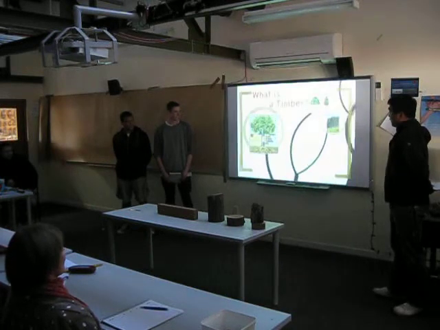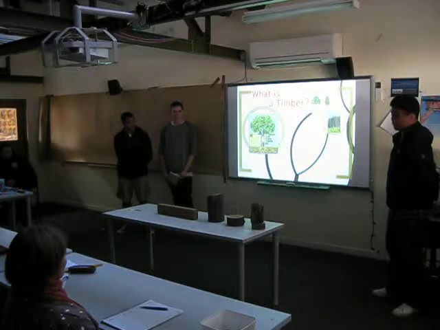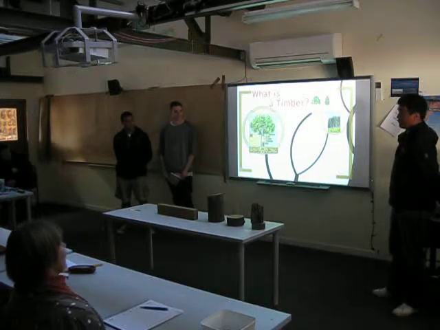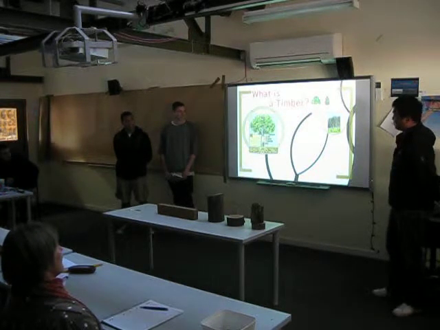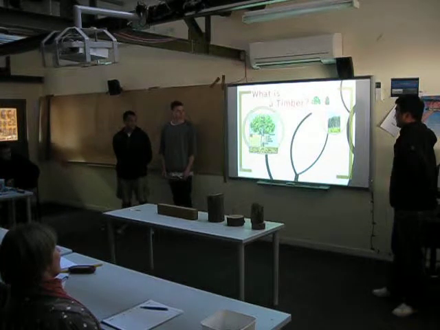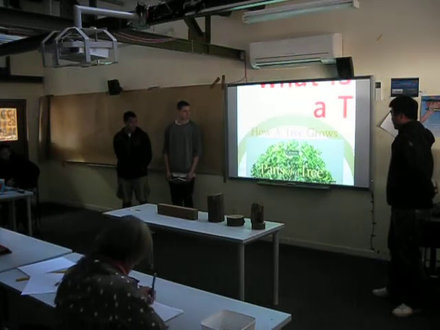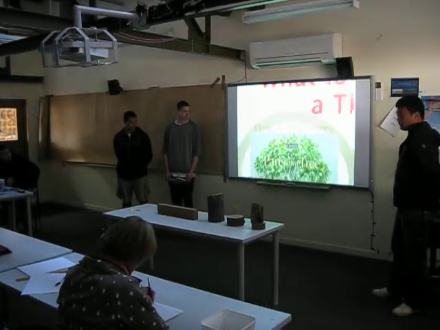Before that, I thought we should talk about what is timber first. If we know timber well, then we can control the technology well. Starting with how a tree grows.